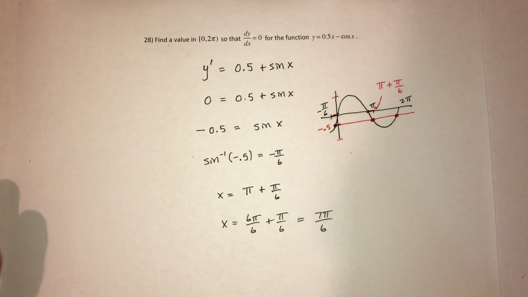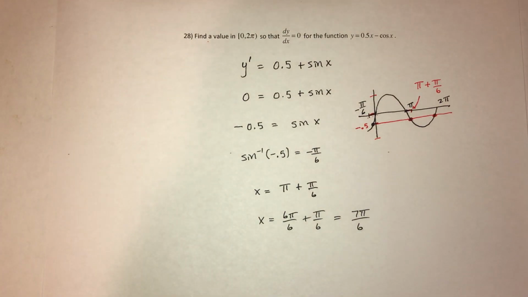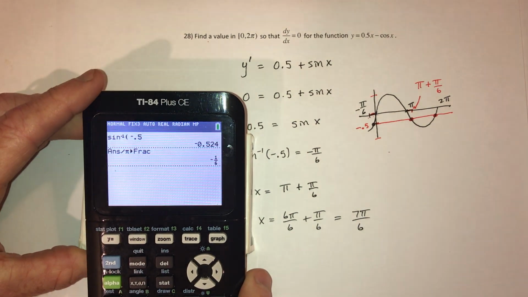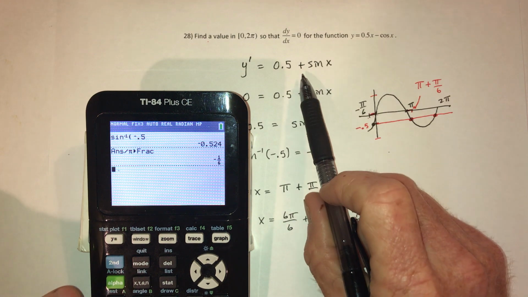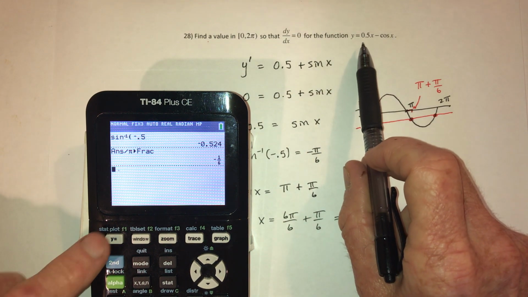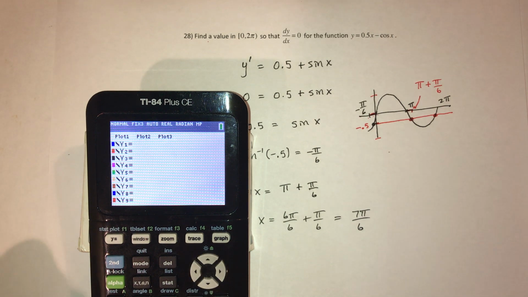Now before I start congratulating myself on a wonderful job, I'm going to graph it and make sure that I got it right. So graph the original function. Don't graph the derivative, always graph the original function. Let me clear out this old problem, and the new one is 0.5x minus cosine of x.